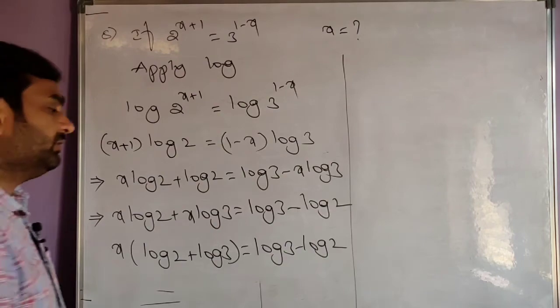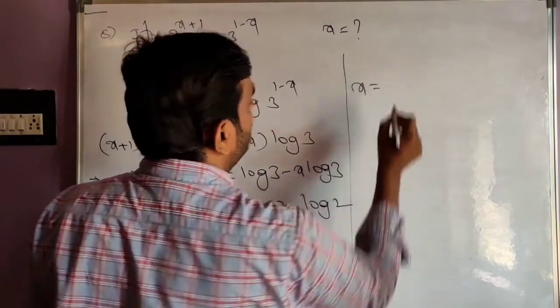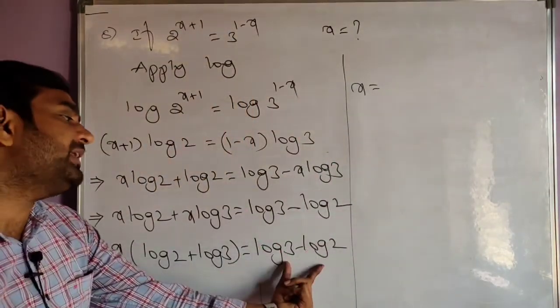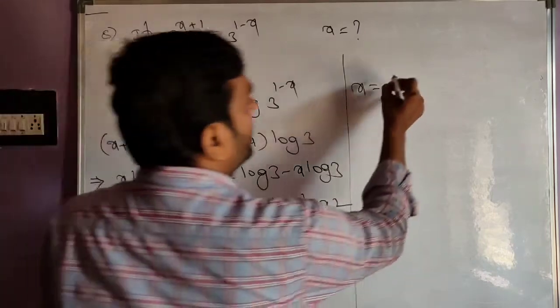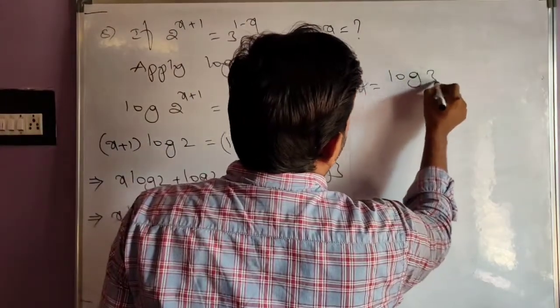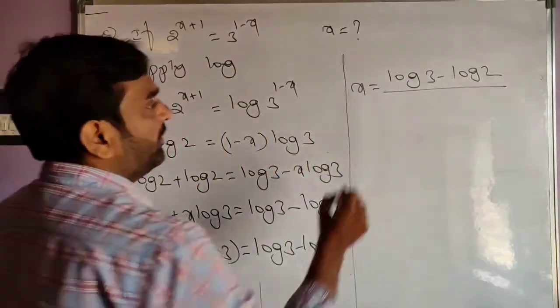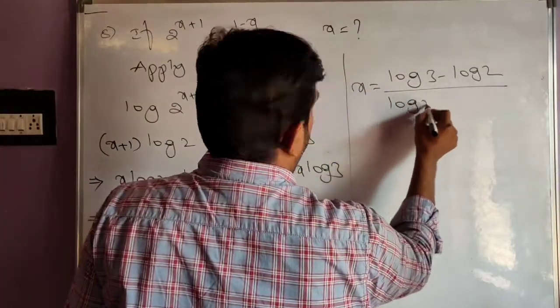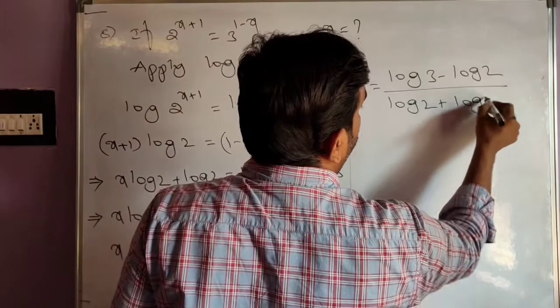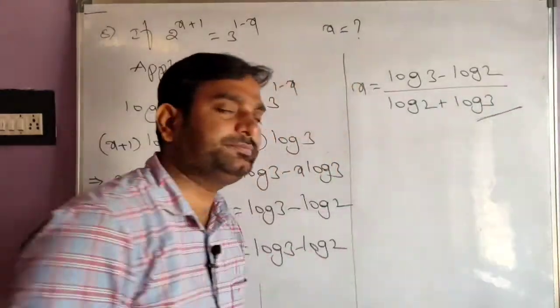Then what is the value of x? x is equal to log 3 minus log 2 by log 2 plus log 3. This is the value of x.